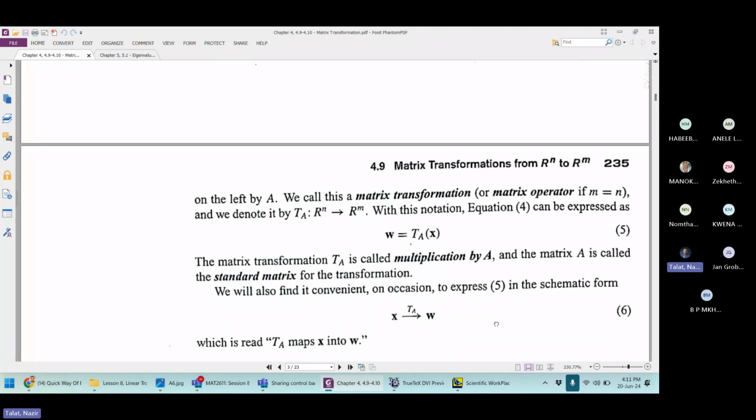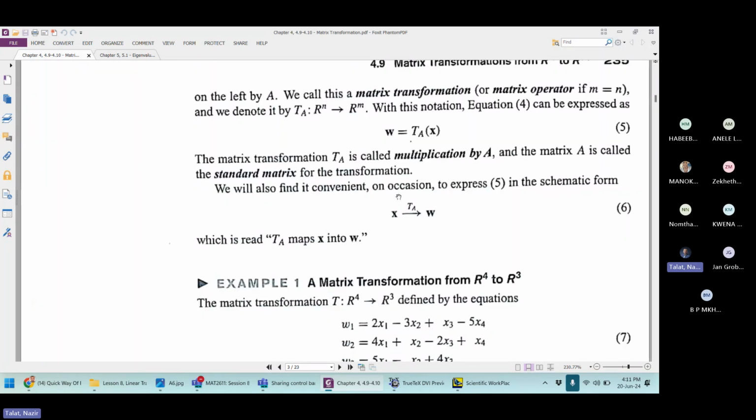So TA takes the vector from the vector space Rn and moves it to the vectors in W, where W is coming from Rm. So TA is a map from X into W. We call it a matrix transformation.